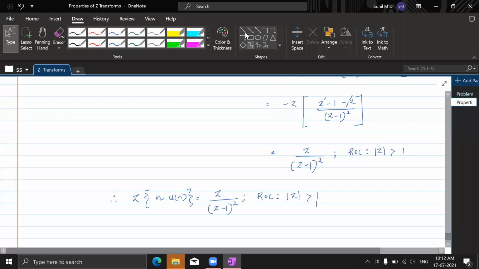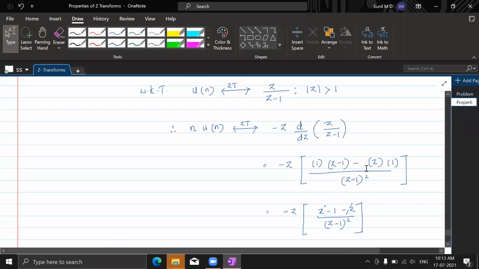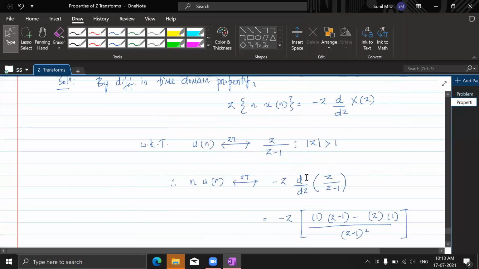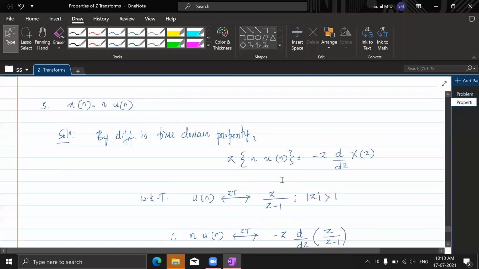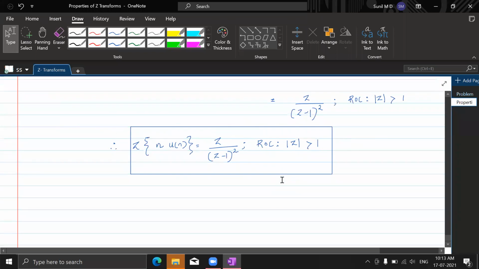This is how we need to write this. Okay, so this is done by differentiation in time domain property, which is this. You need to know how to write this. Get that point, everybody? Fine.